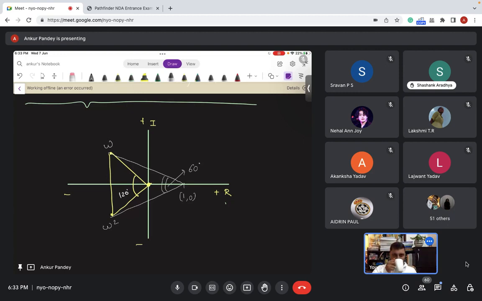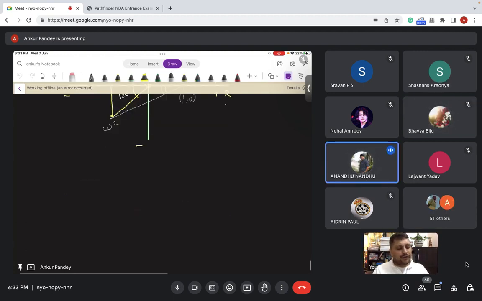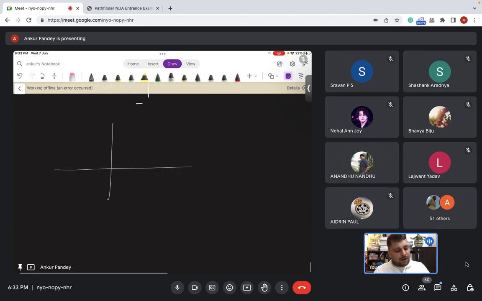Sir, can you explain once more? I will, Bhavya. See, Bhavya, there are two geometrical figures we are talking about. On a graph, if you plot the origin, omega, and omega square, they will make an isosceles triangle where this side is equal to this side and this angle is 120 degrees. Okay?